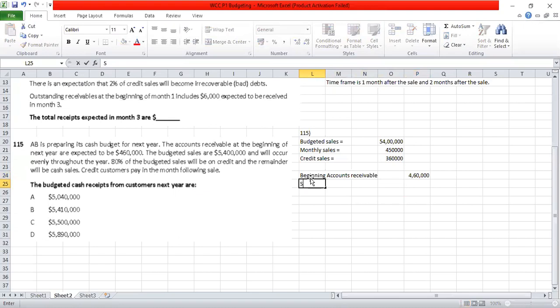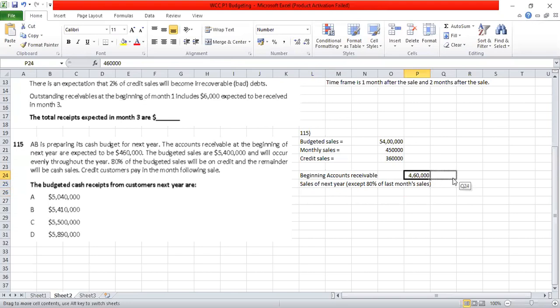Then sales of next year also will be collected except 80% of last month's sales. Except this, all the other things will be collected during the period.